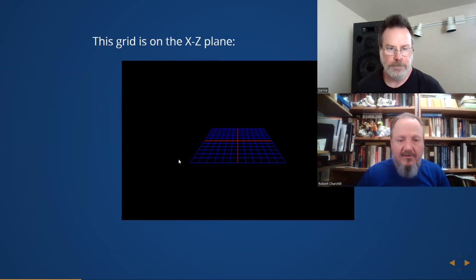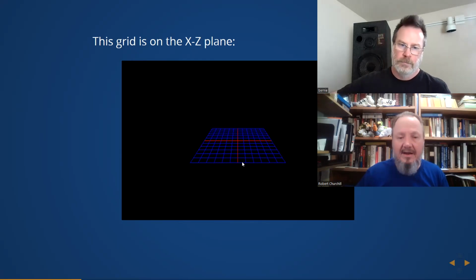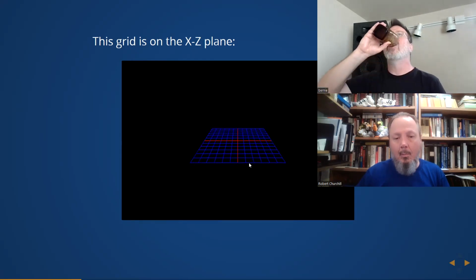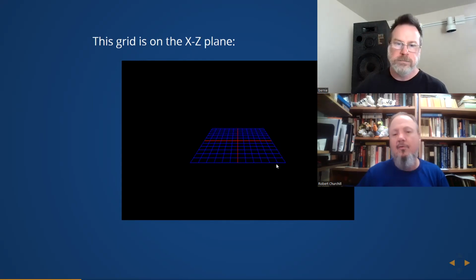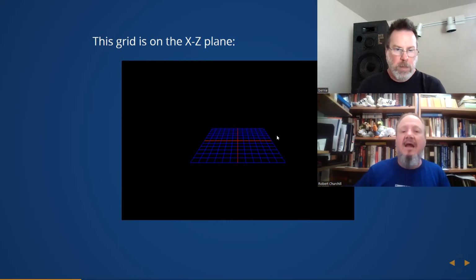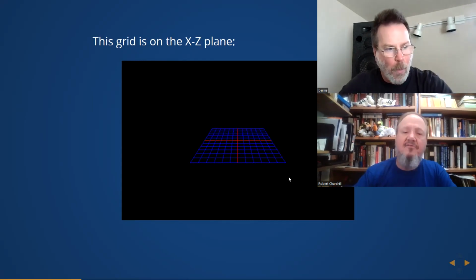So if you notice, we've gone -3, 2.5, 2, 1.5, 1, 0.5, 0, it's red, then 1/2, 1, 1.5, 2, 2.5, 3. And we do the same thing in the Z. So there we go. It's on the XZ plane.